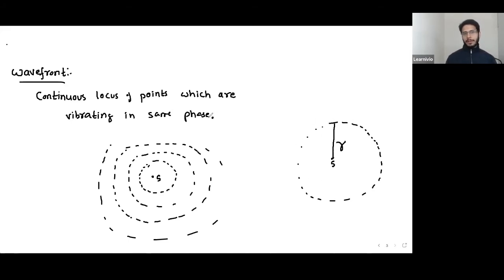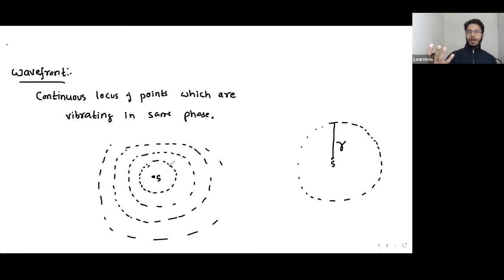Now, vibrating in the same phase. Mathematically, phase is the argument of the sine term, but physically phase means, if you take the case of a water surface, this is the water surface. I dropped a stone here. All these points are at the same distance from the source. Among these points, there would be some points which are vibrating outwards and some points vibrating inwards.